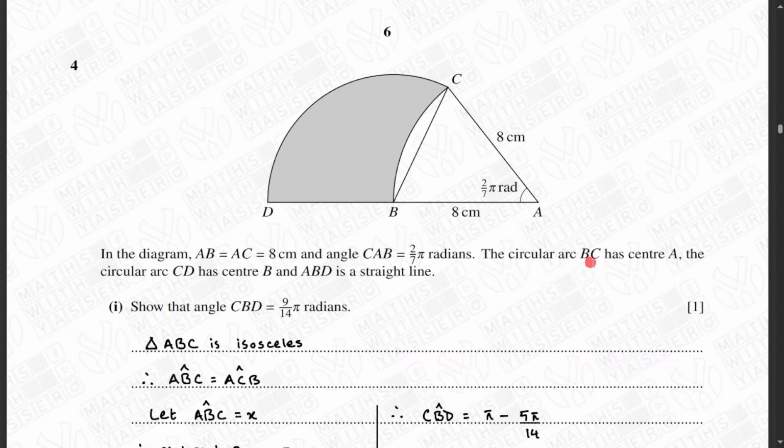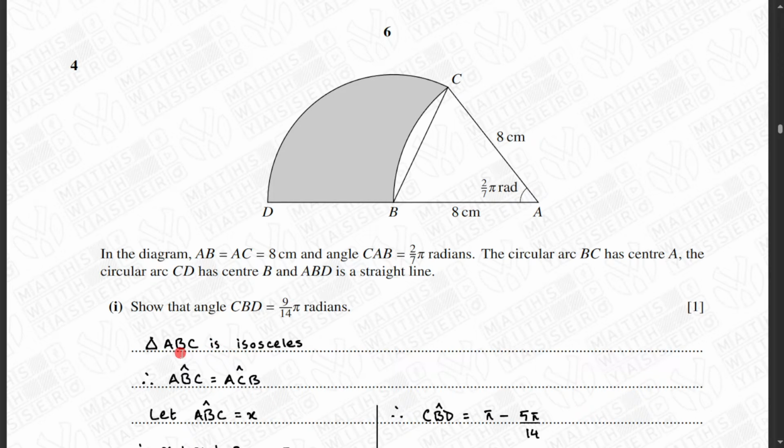The circular arc BC has center A. The circular arc CD has center B. And ABD is a straight line. So this is a straight line. We need to show that angle CBD is 9 pi by 14 radians. So we need to find this angle CBD.